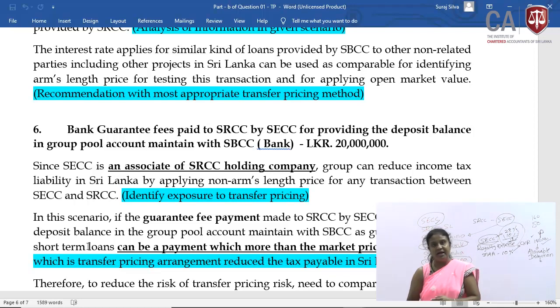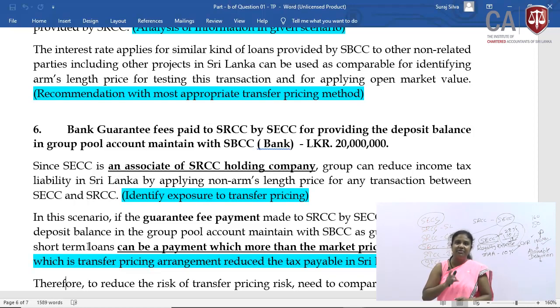We need to look at what interest rate is applied to the same and similar kinds of loans given to the same and similar kinds of companies. The task is a little bit difficult practically, but you have to be mindful and write a very practical answer in the examination.